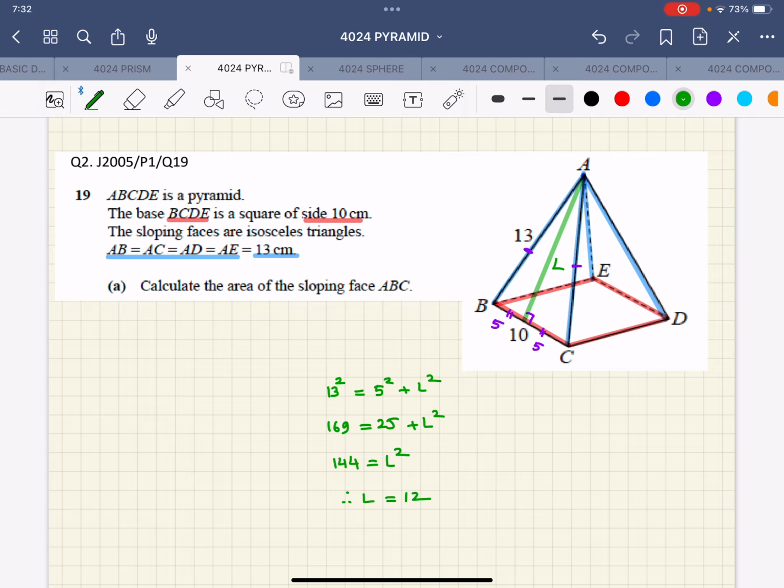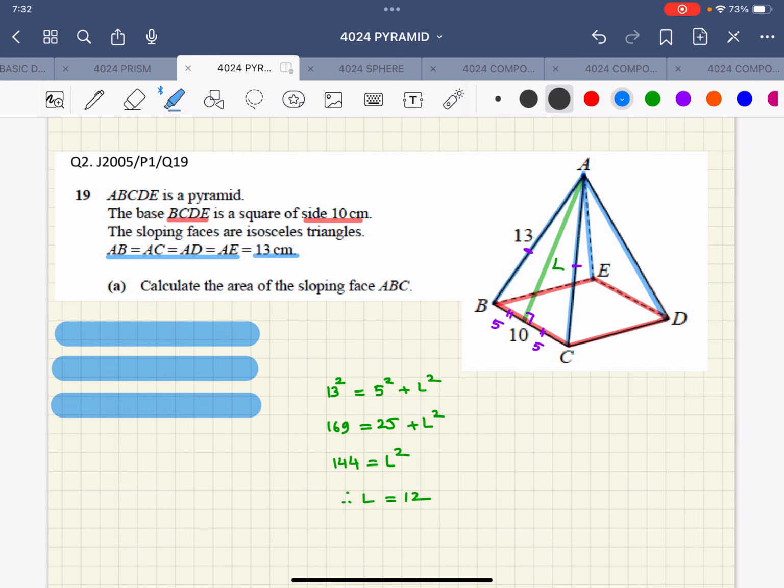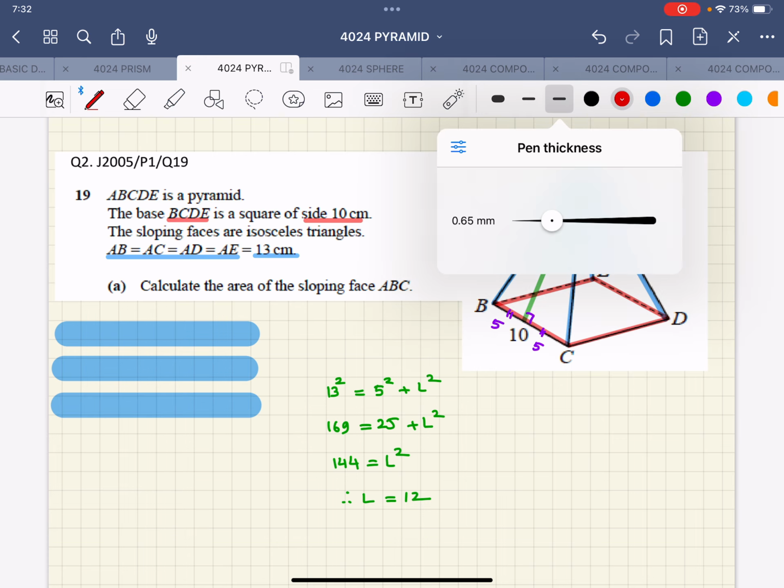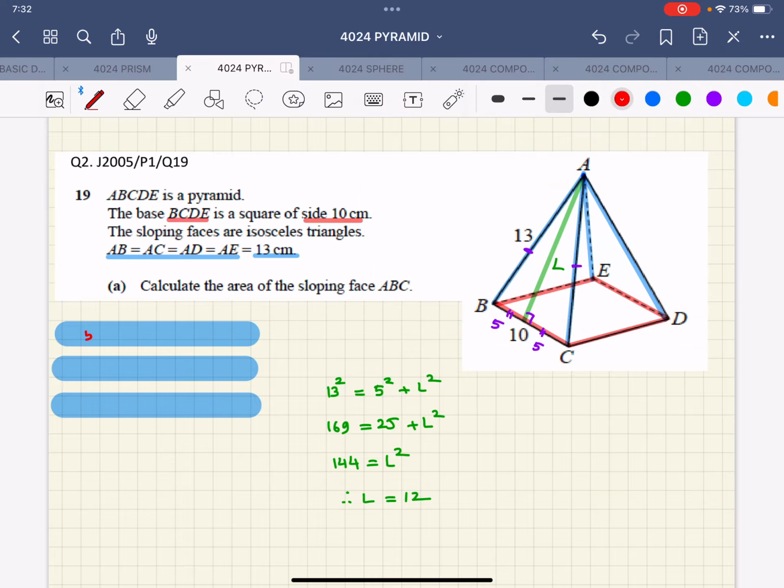Now there are some famous triangles in trigonometry, do remember them. Let me draw a line over here, something in blue color, and I'm just labeling a few famous right angle triangles that you will come across in life. The first one is 3, 4 and 5.